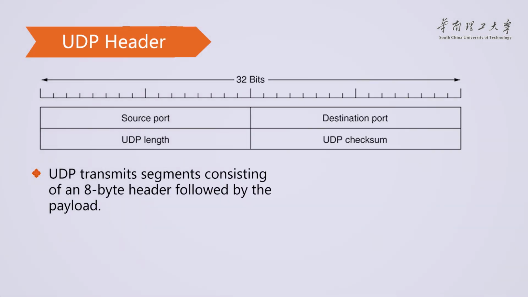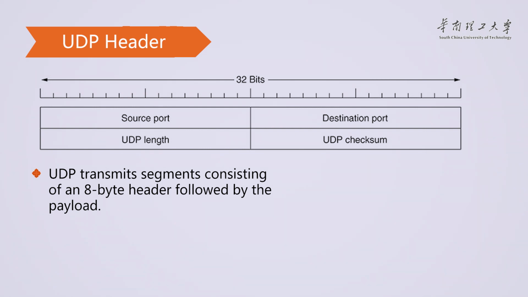Let's look at the UDP header. UDP transmits segments consisting of an 8-byte header followed by the payload. There are only 4 fields in the UDP header: source port, destination port, UDP length, and UDP checksum.